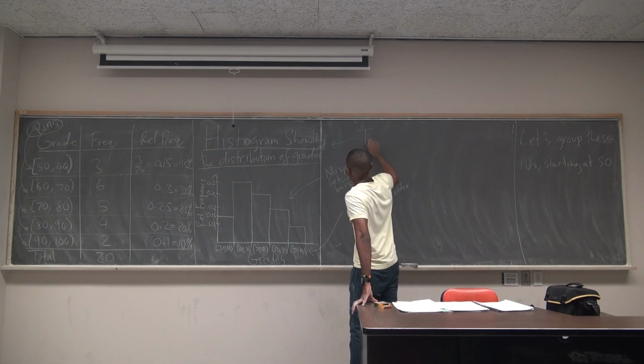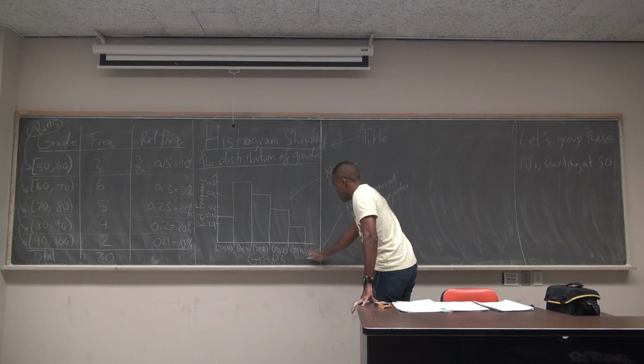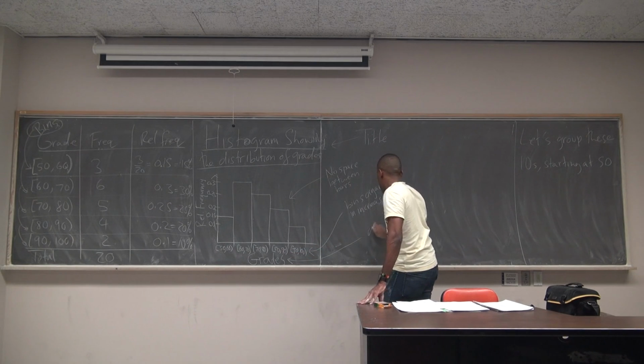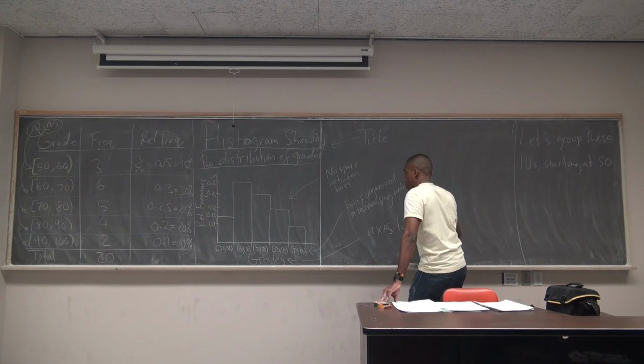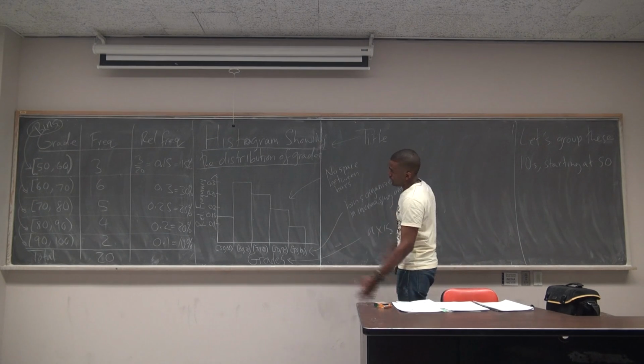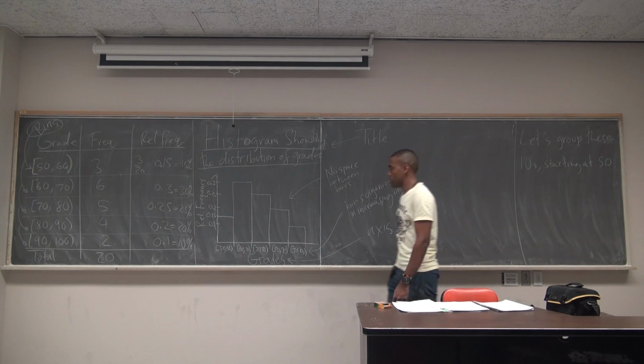Again, we have a title, and we have axis labels. And these make up a histogram. And again, we can answer all sorts of questions just by looking at this picture.